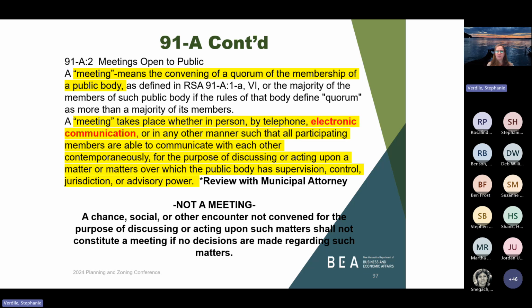Staff can send stuff to the planning board. Probably using blind CC is the safest thing to do, but you should be reviewing these types of things with your town attorney and make sure the board has an understanding, whether you want to put it in your rules of procedure or it's just an understanding that communicating by email is really not appropriate.